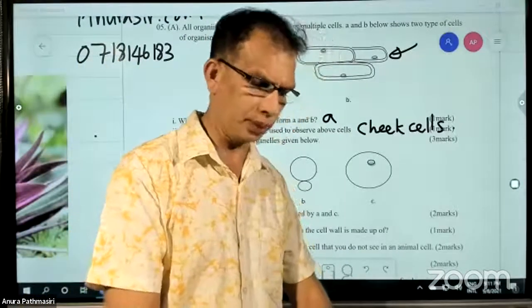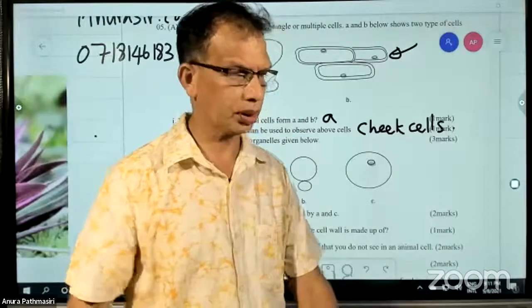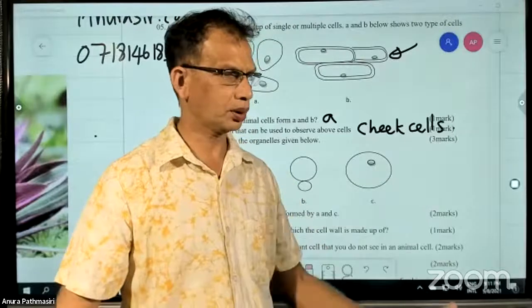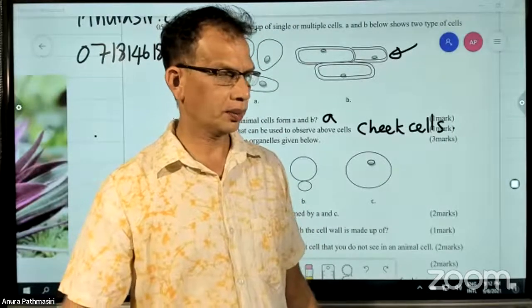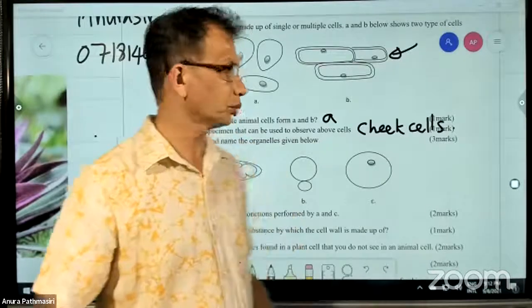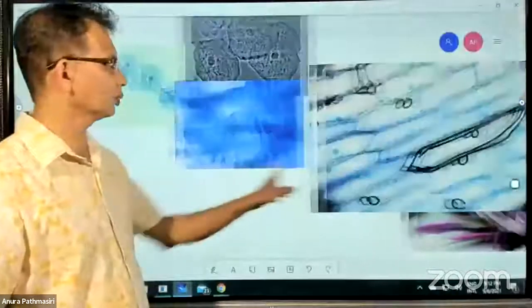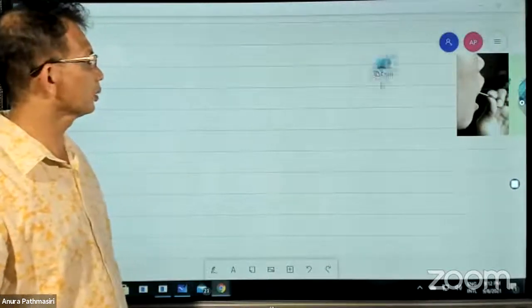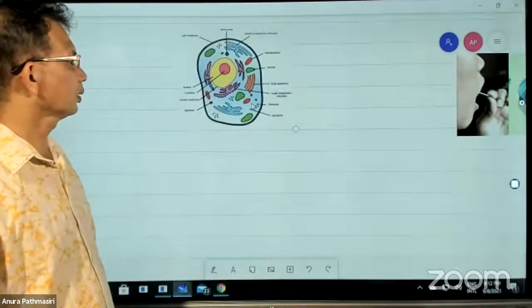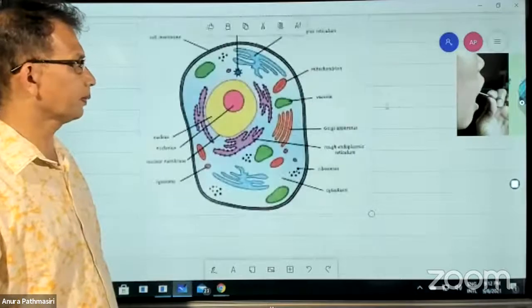I will show you an animal cell. Before going to the discussion, some of you might have no idea about what it is. I'm not going to show you a 3D one here, because then you will not get a real sense of the pictures that you have in your exam paper.